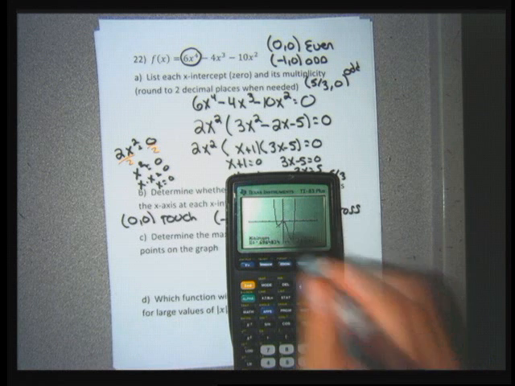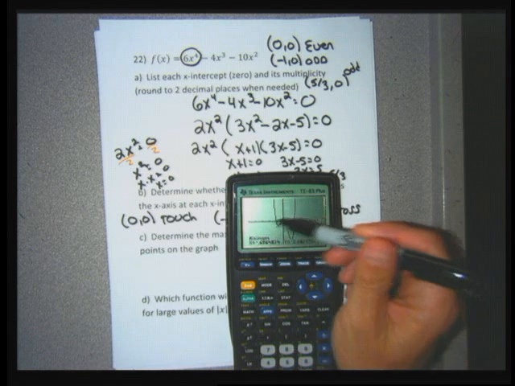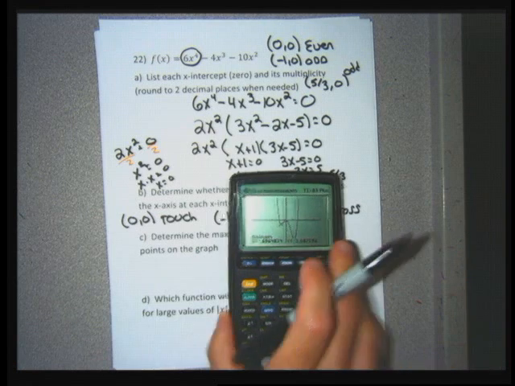So I'm going to copy this graph along with the 0, 0, negative 1, 0, and 5/3, 0 into my spot where I'm going to put the graph.